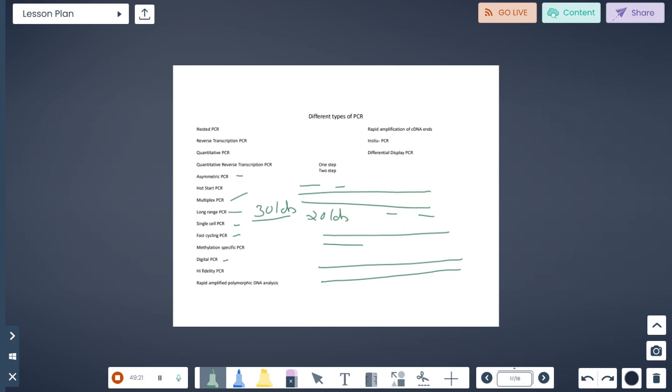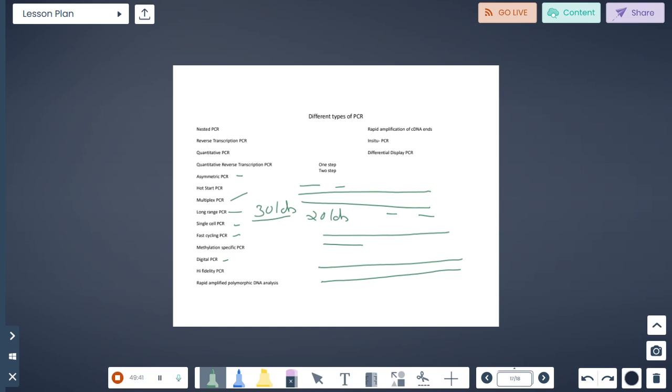So in digital PCR, the dilution is done in such a way that in a bubble there will be only one template, and primer and other reagents also will be there. So all templates will get a chance to get the primer and it will amplify.